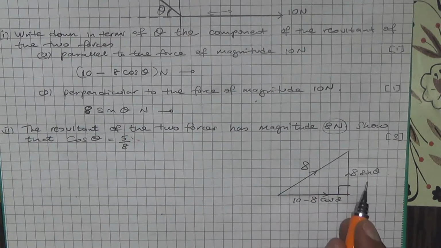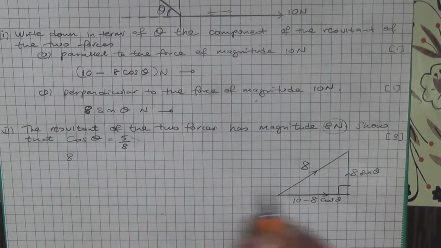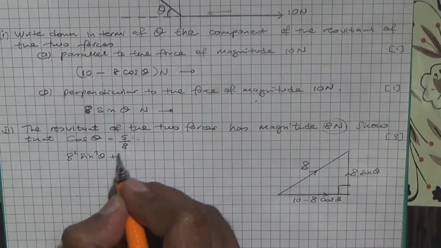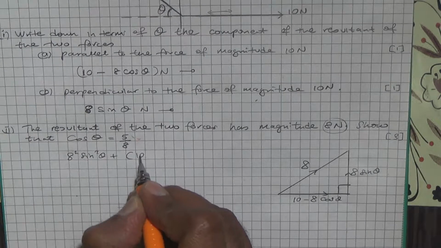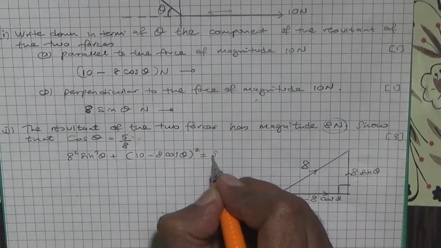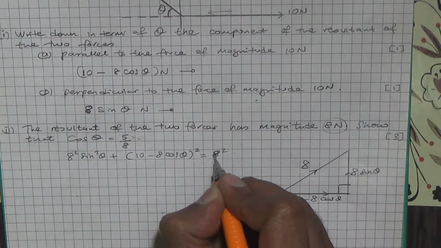Therefore, I can use Pythagoras theorem and take 8 sine theta squared plus the whole lot here, 10 minus 8 cos of theta, squared, is equal to 8 squared.